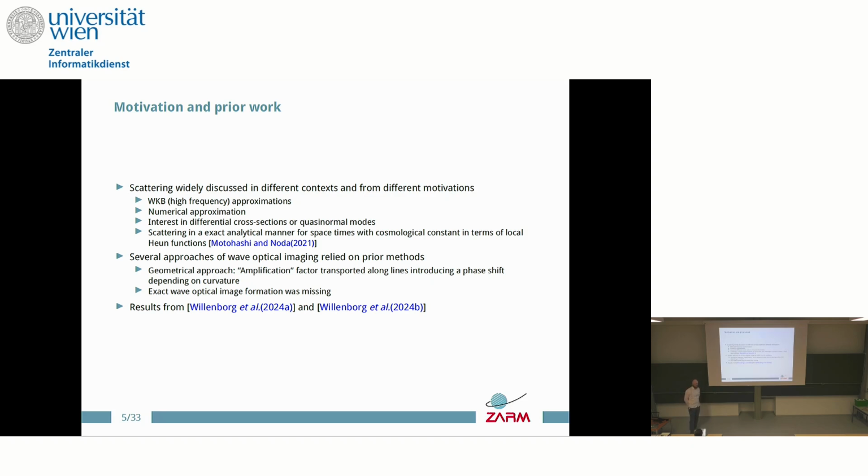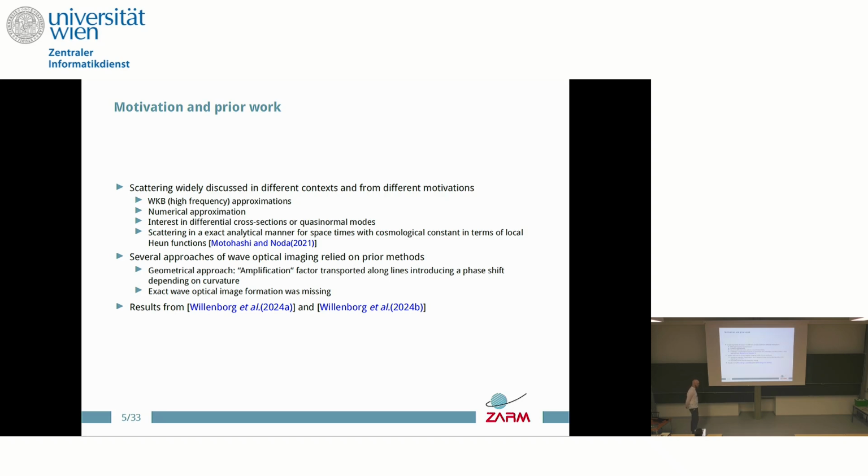The recent publications were focusing on the differential cross sections at an observer, or on calculating quasinormal modes. And I mean, we have one of the authors I cite here in the audience. They calculated scattering in an analytical manner, but only in the presence of a cosmological constant. So much for the scattering.